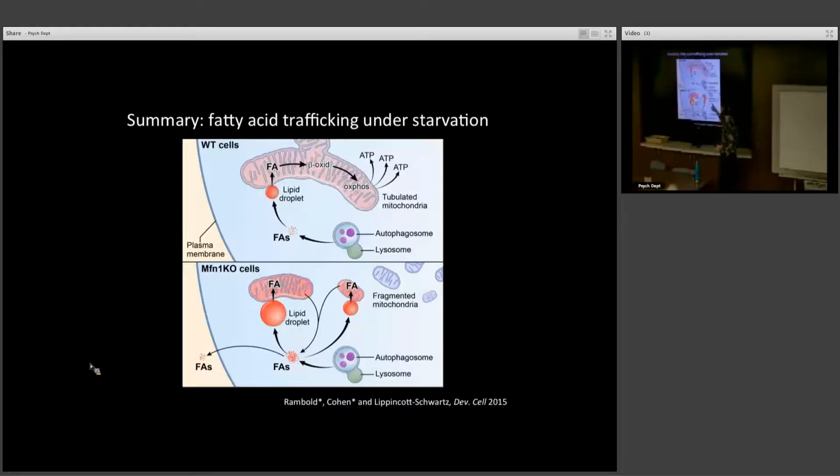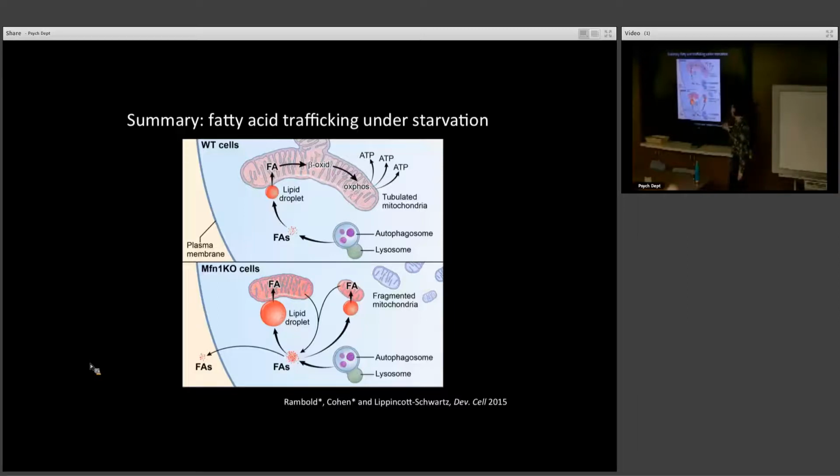In contrast, if mitochondrial fusion is impaired, then some of the mitochondria get a lot of the fatty acids, some get very little, and the fatty acids are not efficiently oxidized, so they're either stored back into lipid droplets or effluxed out of the cell, showing that this mitochondrial fusion deficiency is affecting not only this cell itself, but also the surrounding cells and tissue.